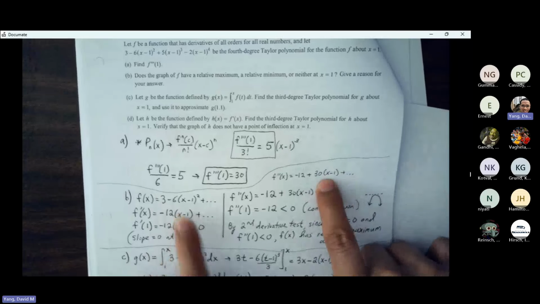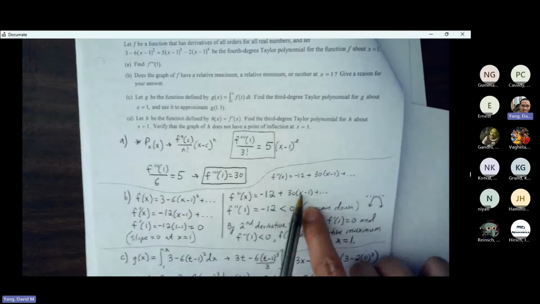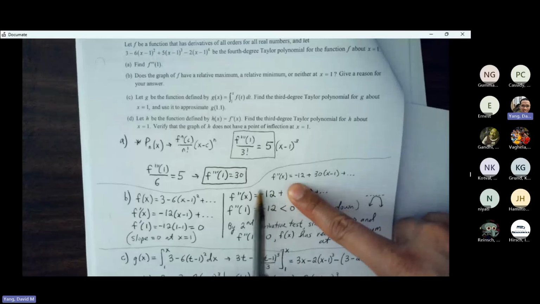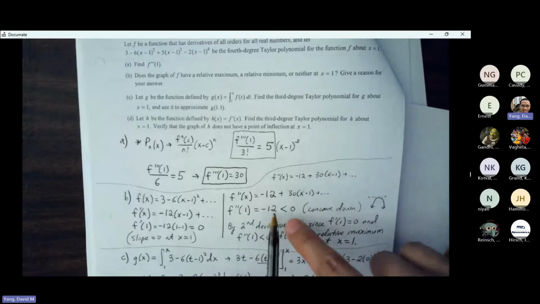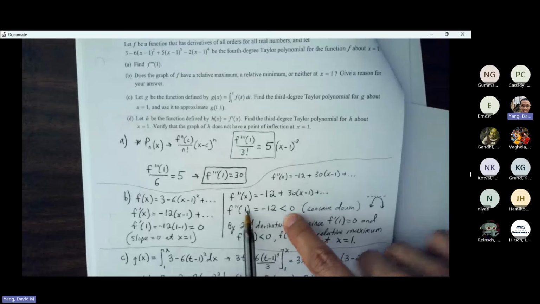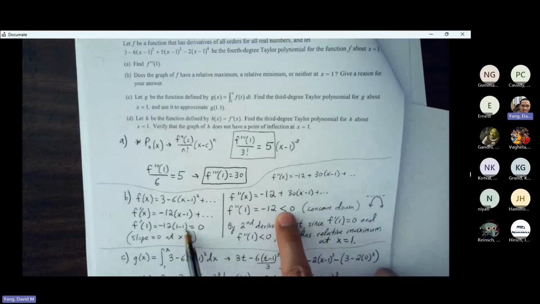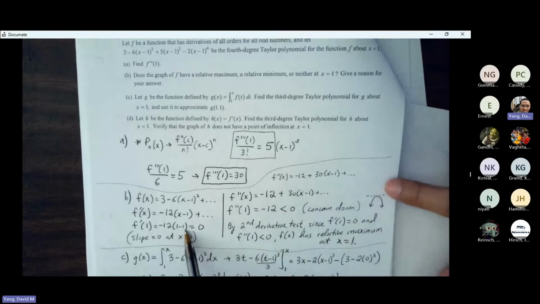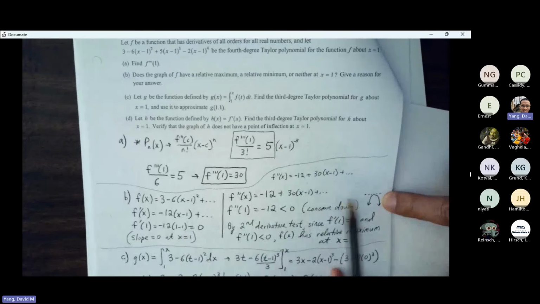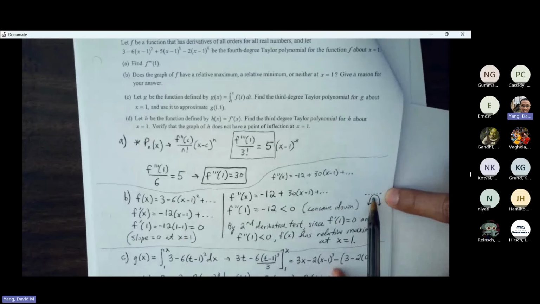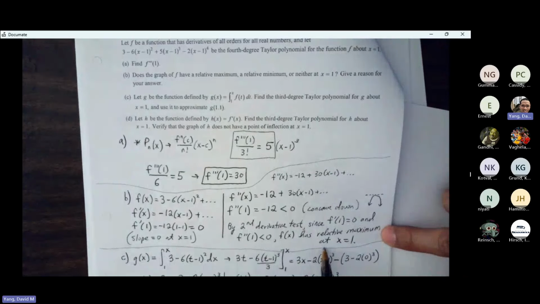That's the higher degree. But if I replace all the x's with 1, that will drop out. I'm just left with a negative 12. And that negative 12 for my second derivative would indicate that this must be concave down at 1. So if I have this information of slope 0 and concave down, that allows me to use the second derivative test and say that concave down with a slope of 0 ensures that there must be a relative max at that point.